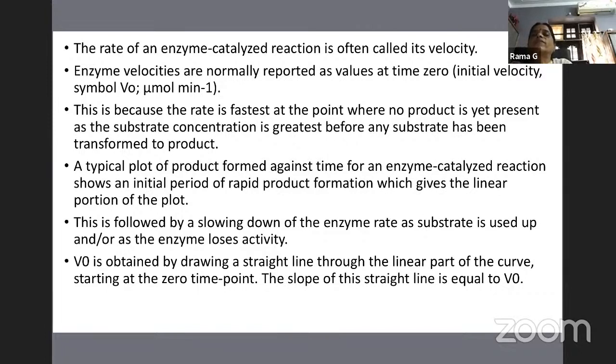So here, what we can understand is that before the formation of products, when the product concentration is less, the substrate concentration will be more. Why? Because the substrate molecules have not started to transform into products.